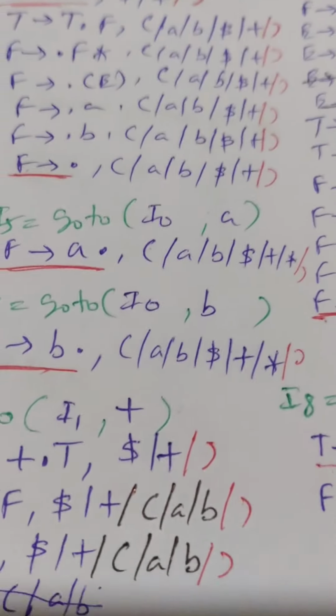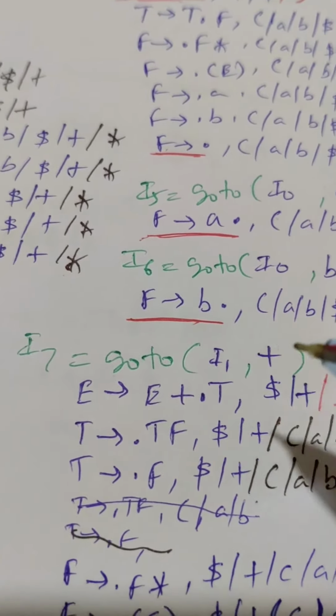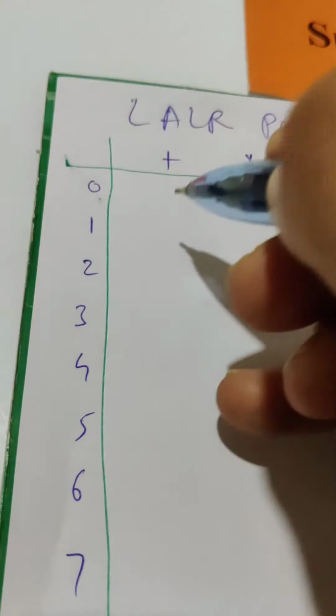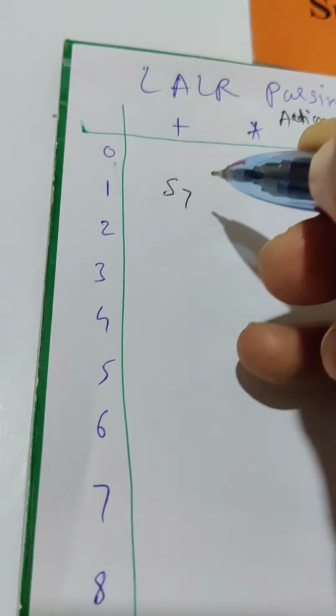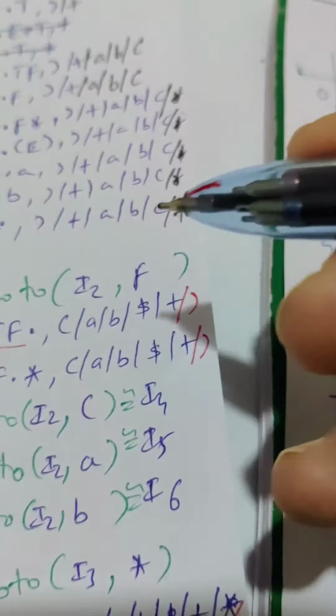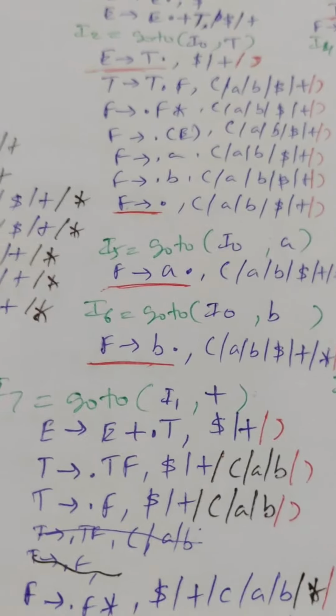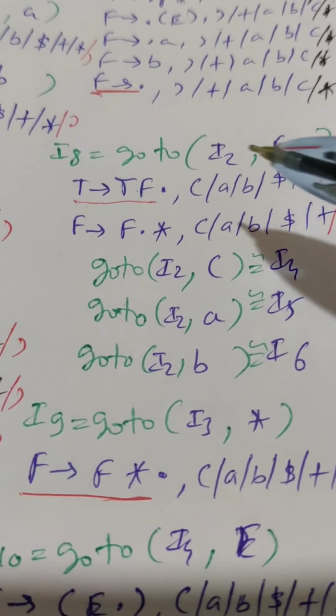Now at item number 1, I1 comma plus is 7, so I1 comma plus is a shift entry S7. I1 is done. Then I2 comma F is 8.